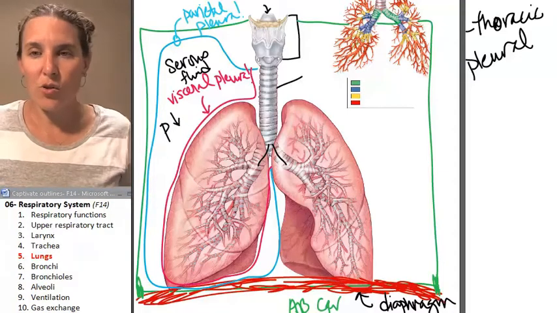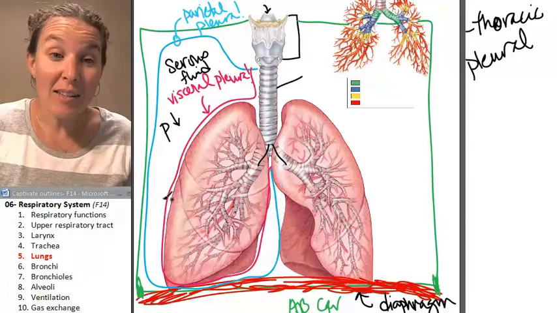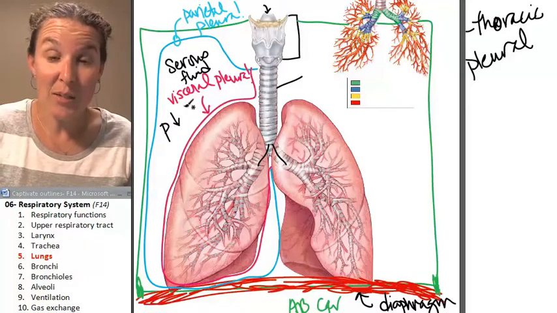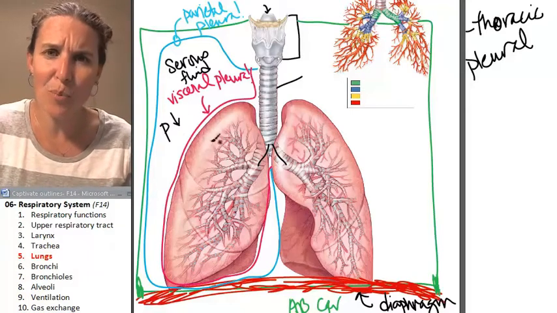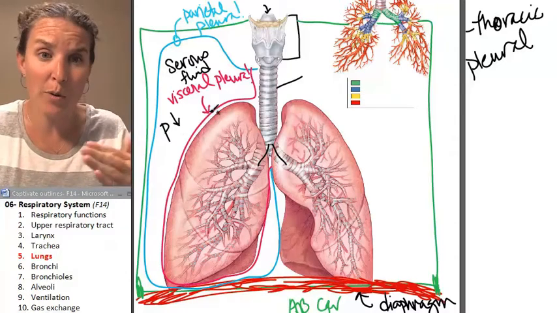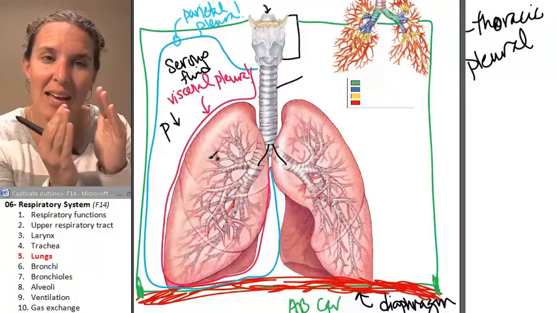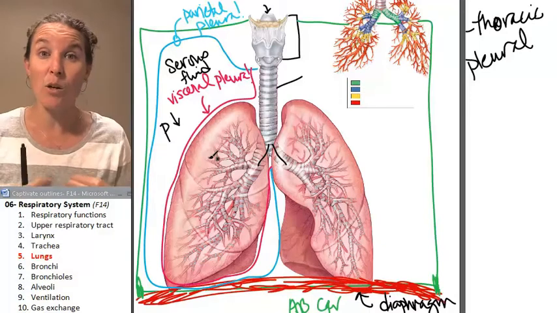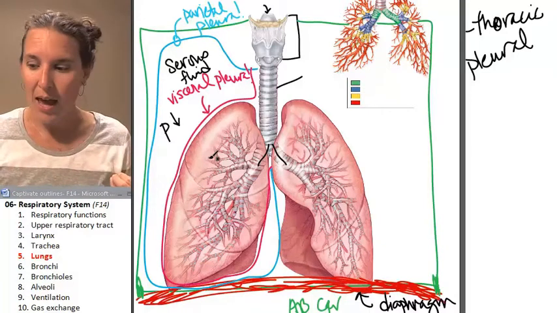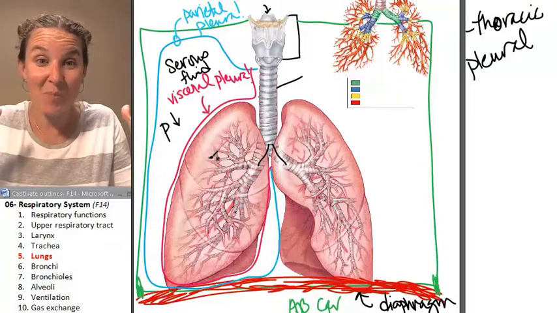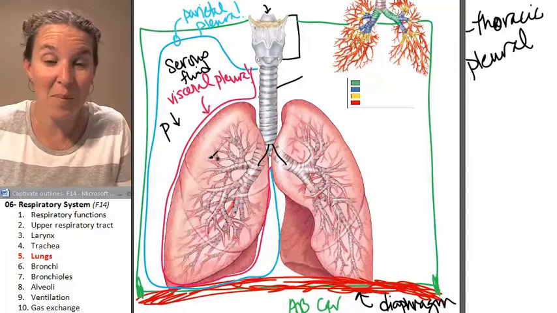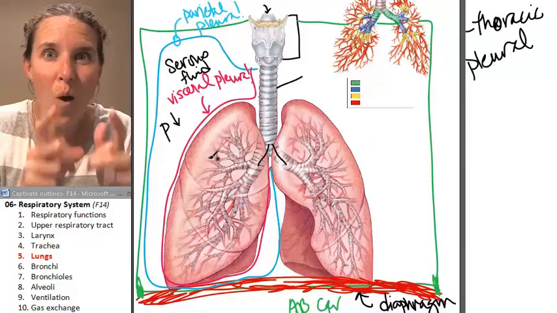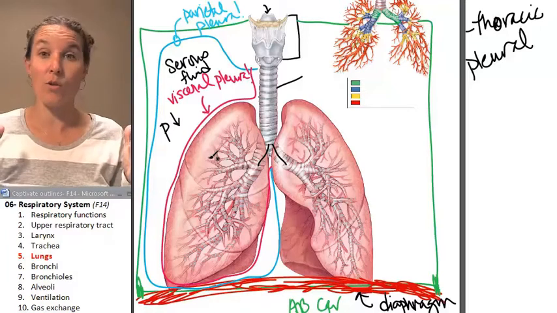I don't want to get too crazy into it, but the intrapleural space between the parietal pleura and the visceral pleura maintains a low pressure zone. And so your lungs stay inflated because your lungs have more pressure in them. That is why your lungs do not collapse.